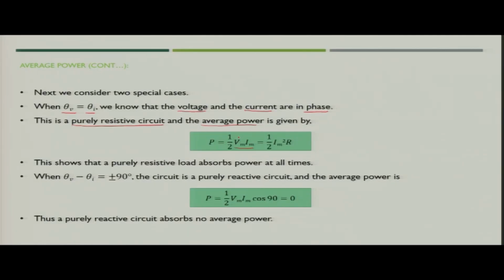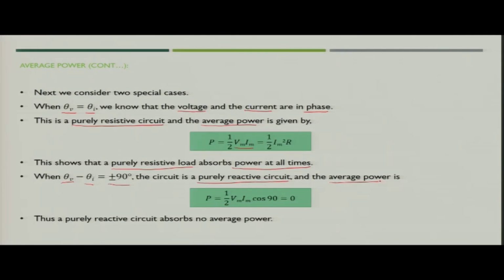So in case of a resistive load, the circuit will always absorb power. In the second case, suppose theta V minus theta I, the difference of angles, is 90 degrees, positive or negative. It means the circuit is purely reactive, having only inductive or capacitive elements.